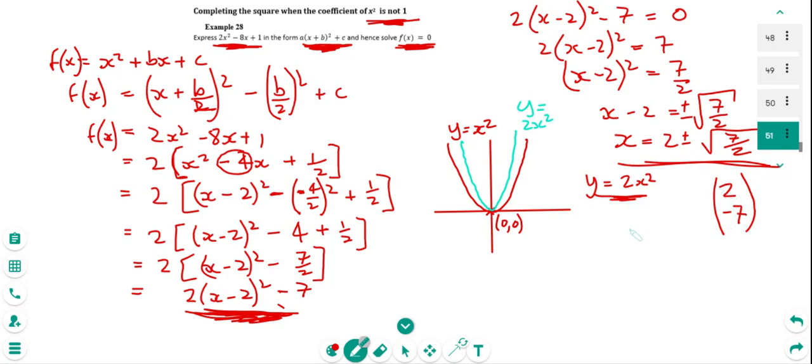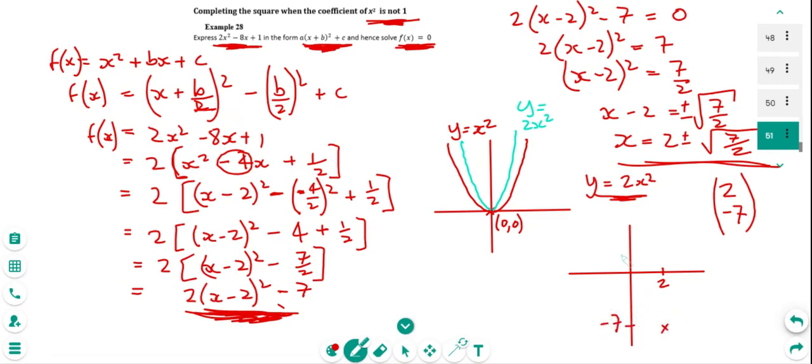So what that's going to give us, let me do that again. That's going to give us a minimum point now, which rather than being 0, 0 has been translated to 2, minus 7.